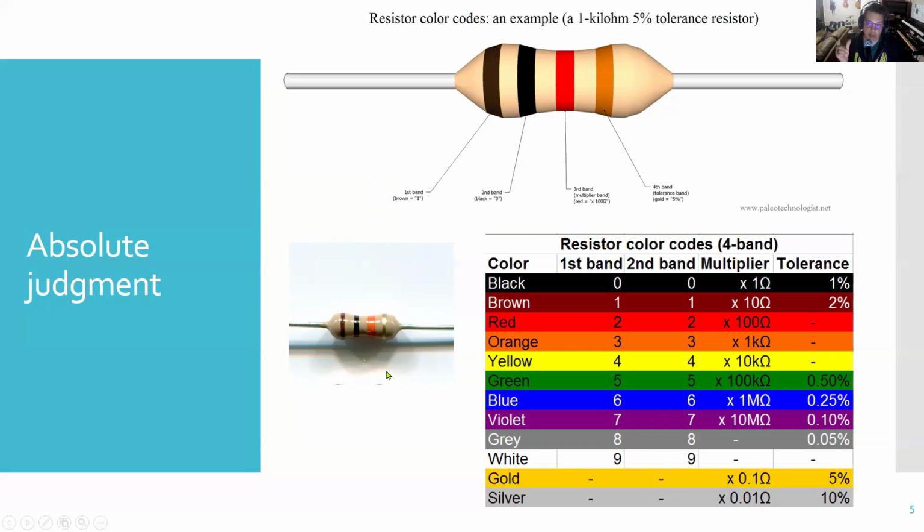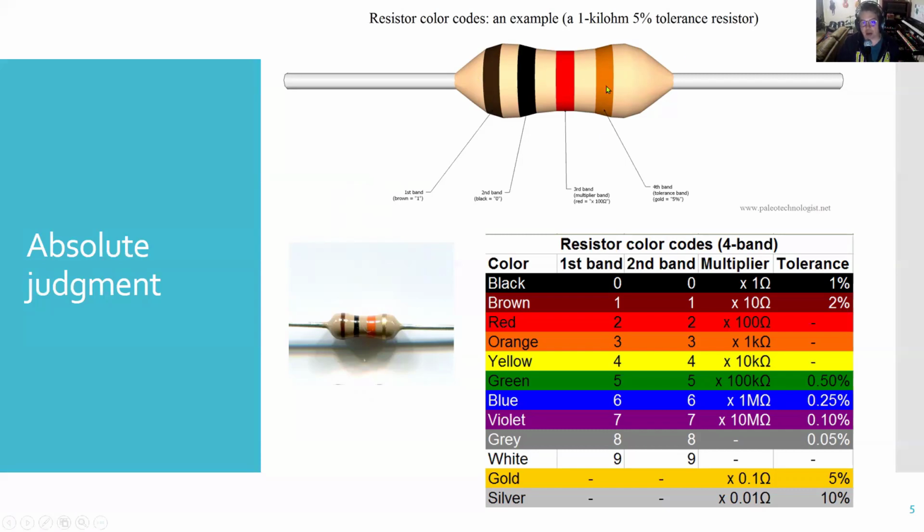And this matters quite a bit, because if you misinterpret one of these colors, you can be off by an order of magnitude. And sometimes that order of magnitude is the difference between everything working great and everything being 10 times worse. Right.